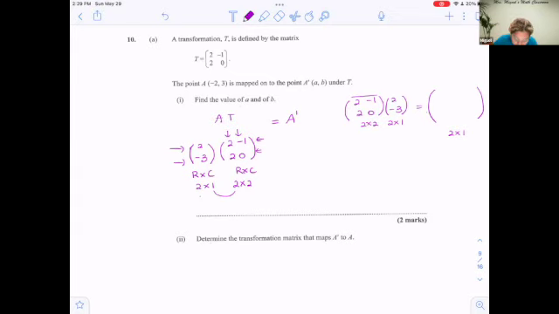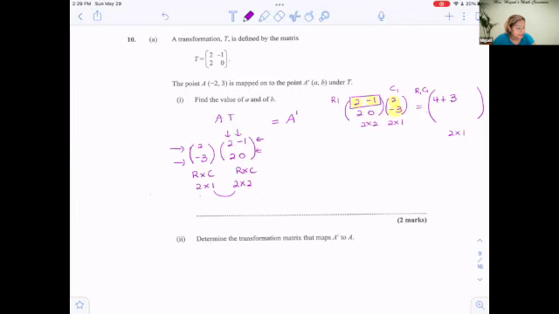So we multiply row 1 by column 1. We multiply corresponding elements. First element with first element. So 2 multiplied by 2 will give me 4. Then second element with second element, -1 multiplied by -3 will give me +3.